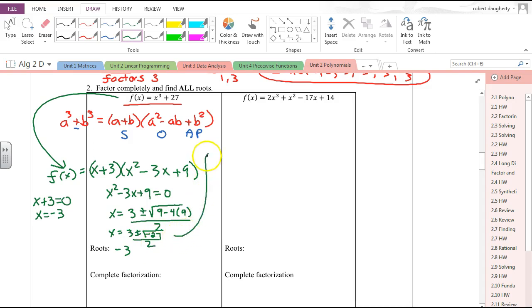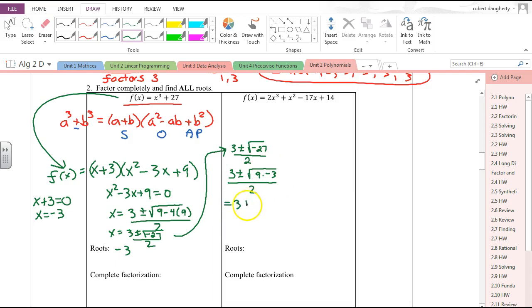I'm going to go ahead and take over some more room from over here. So that is 3 plus or minus the square root of negative 27 over 2. So that is 3 plus or minus the square root of 9 times negative 3 over 2.